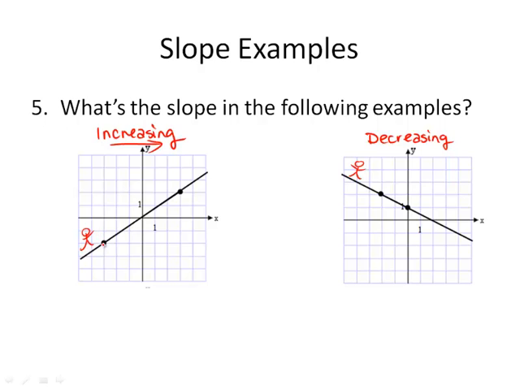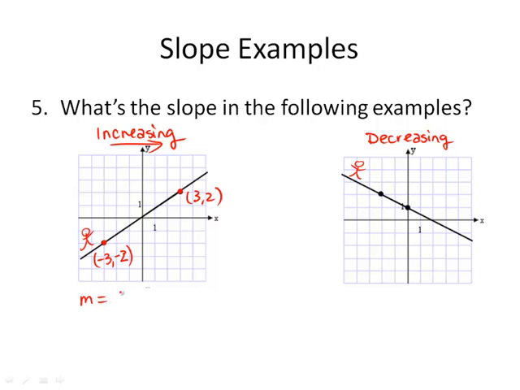Let's look at the slopes of the following points. Let's take a look at the slope. So we have -3, -2, and 3, 2.